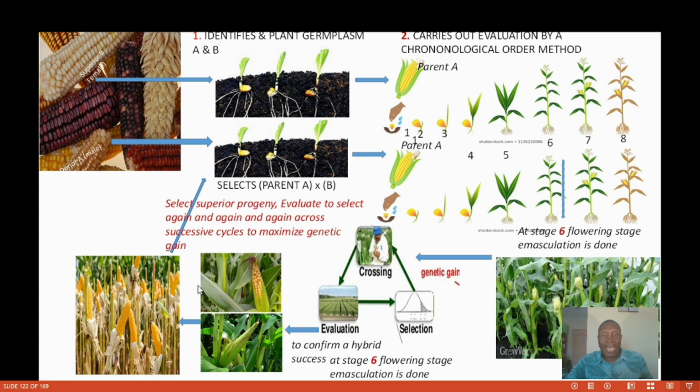And in the process, we have identified these plants inside this field that seem to be promising.